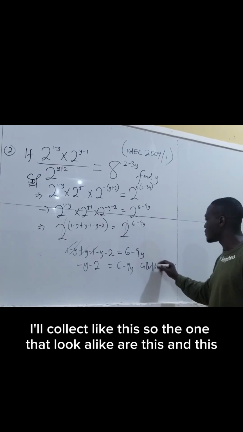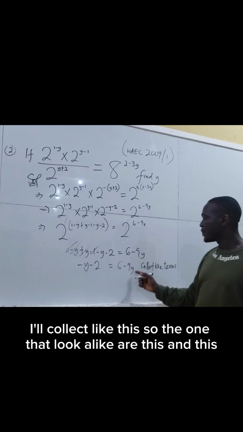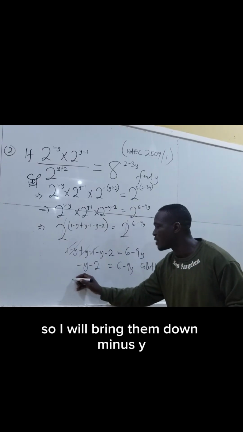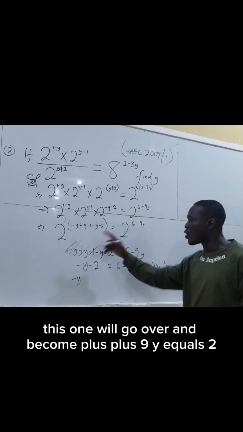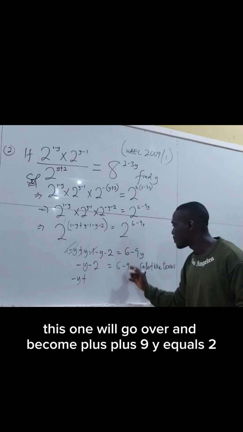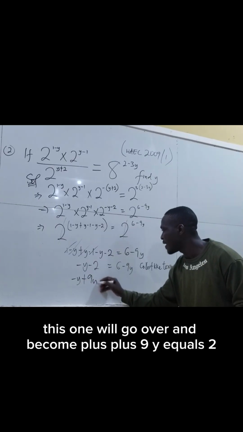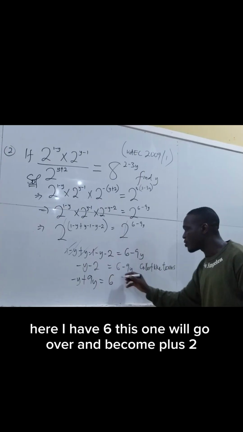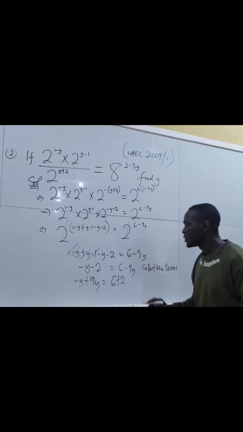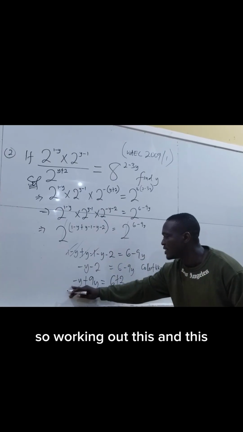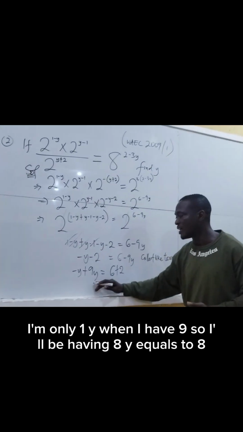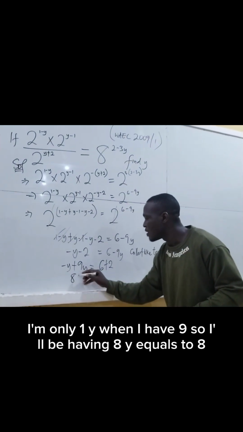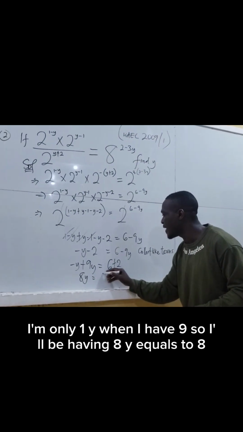The ones that look alike are this and this. So I will bring them down: minus y. This one will go over and become plus 9y equals 6. This one will go over and become plus 2. Working out this and this, I'm putting 1y when I have 9, so I will be having 8y equals 8.